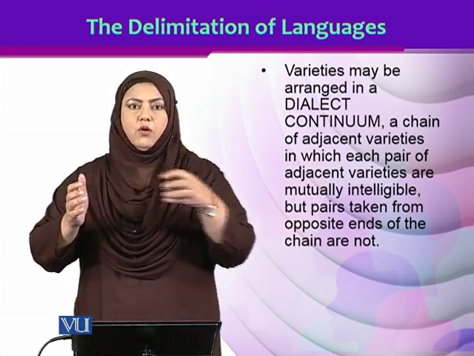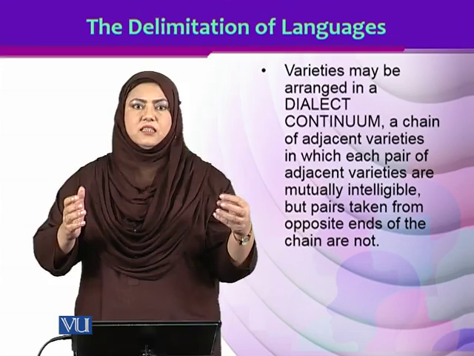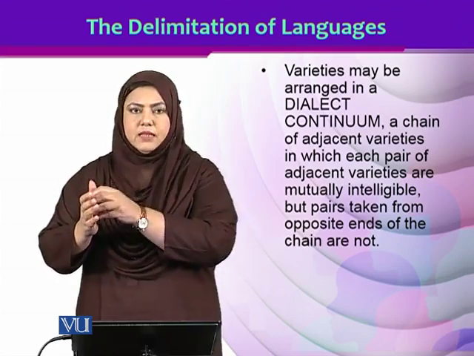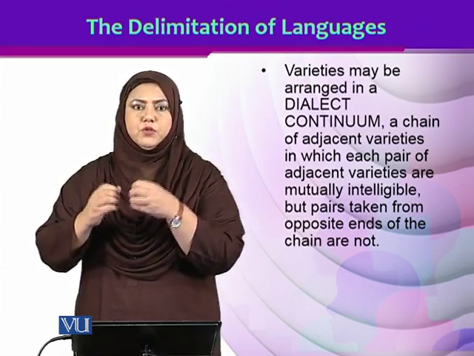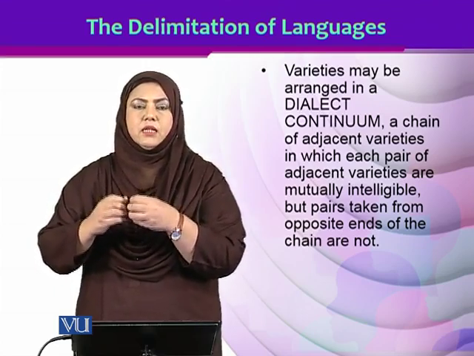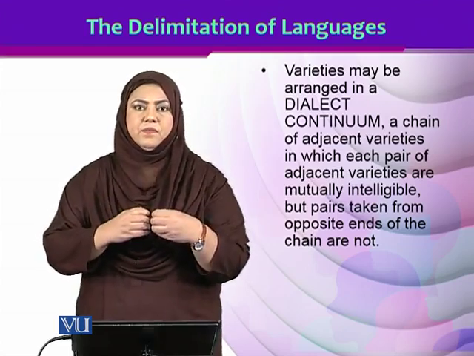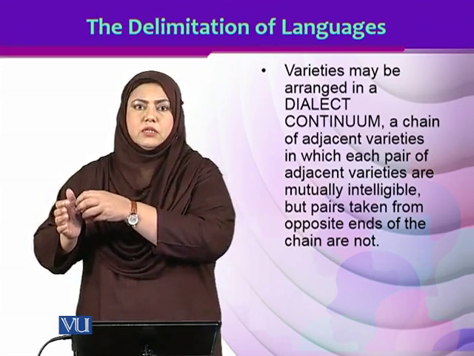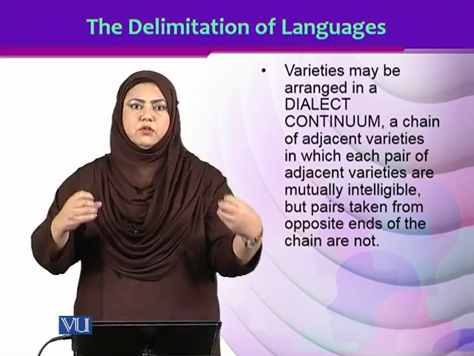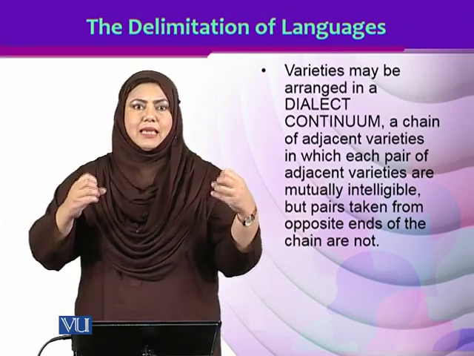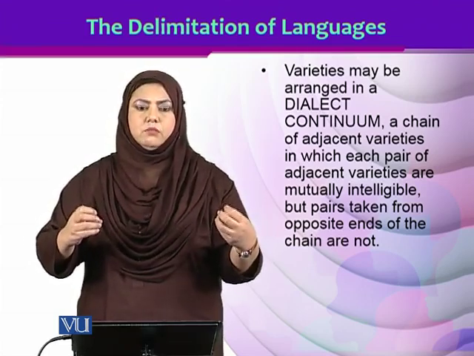The problem in all this scale that we draw of this dialect continuum is that language A and B may be mutually understandable, language B and C may be mutually intelligible, in the same way C and D, and D and E. But when it comes to the mutual intelligibility of A and E, the two extremes of this continuum, maybe A and E would be so different that they would not be intelligible mutually.